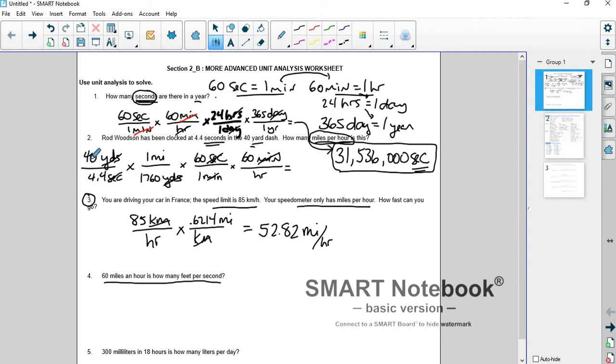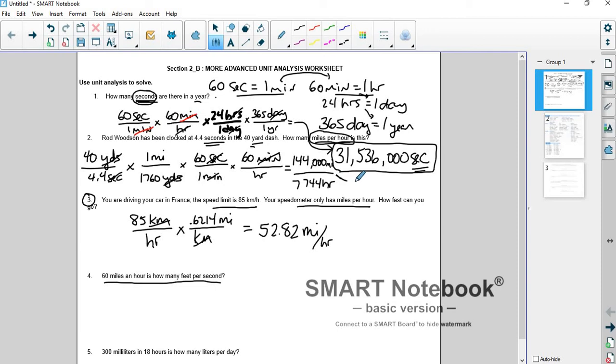Now, how do I do this? Well, how I'm going to do this is I'm going to multiply everything across the top, 40 times 60 times 60. I get 144,000. The units up top are miles. Kind of running out of room there a little bit, sorry. And then on the bottom, I multiply 4.4 times 1760. And I get 7744 hours.